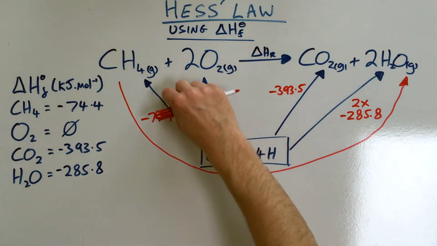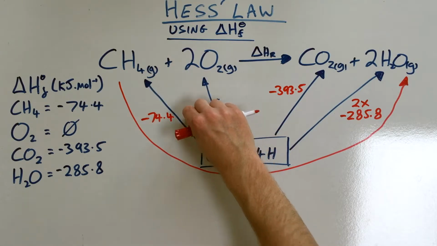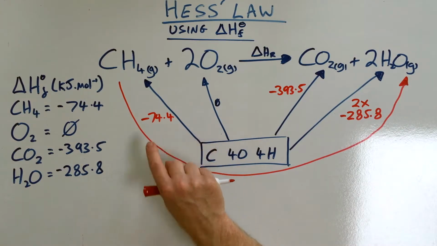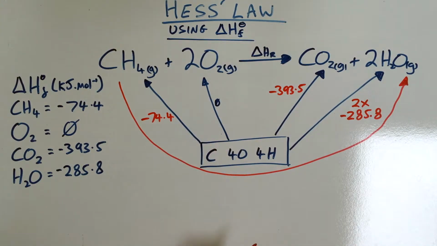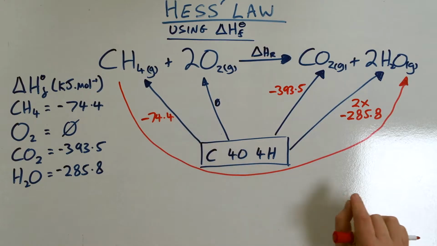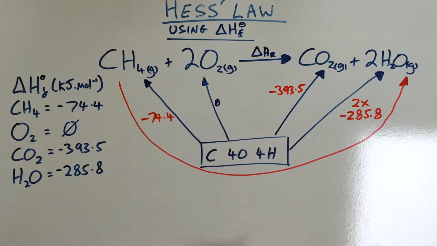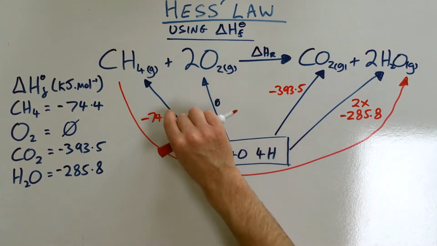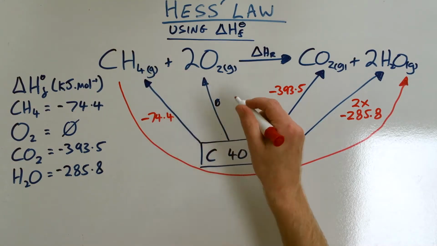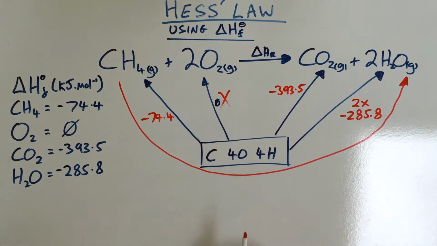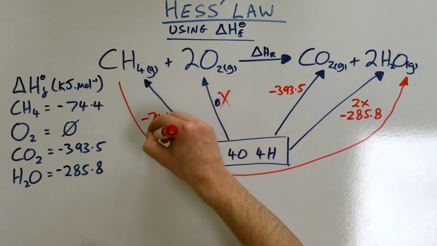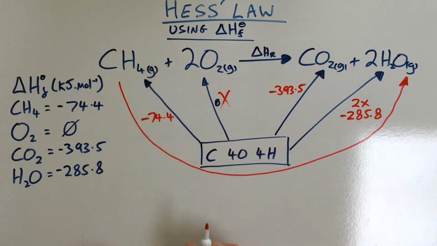So in terms of conservation of energy, when methane is formed, it releases negative 74.4 kilojoules per mole. We actually require to put in 74.4 kilojoules per mole to split it and form these. So what you've got to look for now are arrows that are in the wrong direction. We can ignore this because it's 0 anyway. So what we need to do is reverse or invert this value here for any arrows that are going the wrong way.